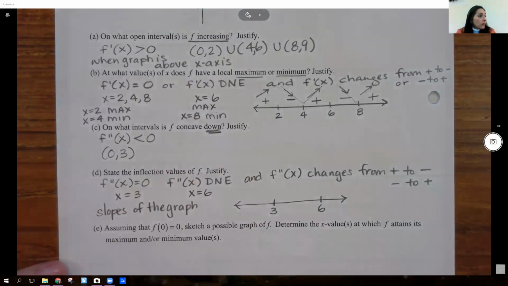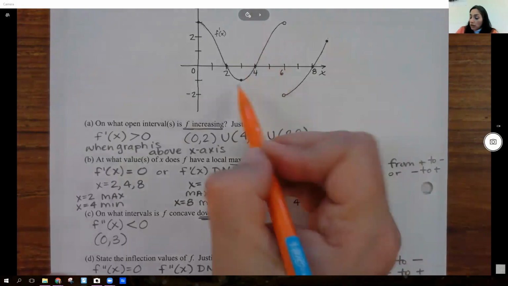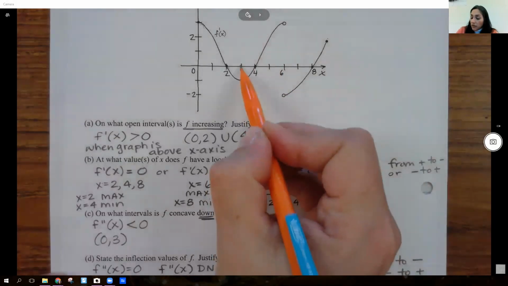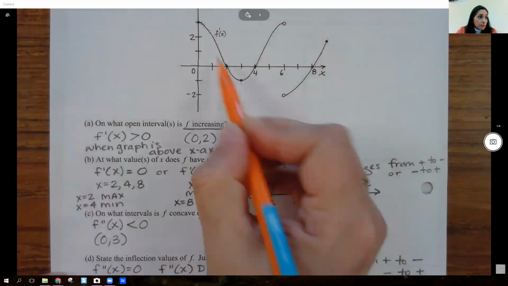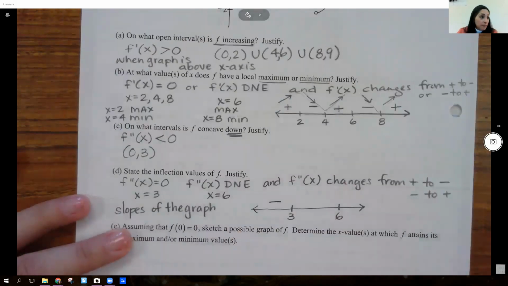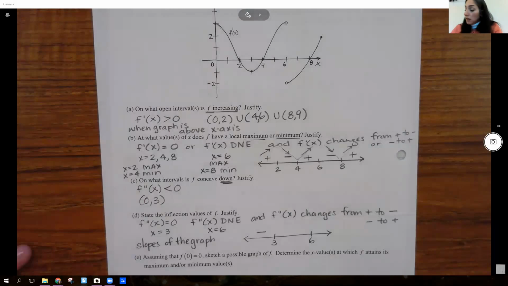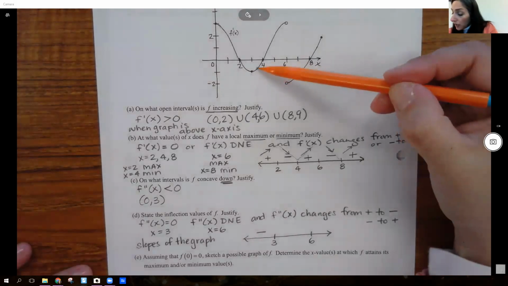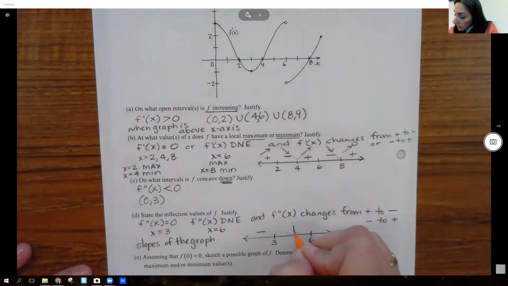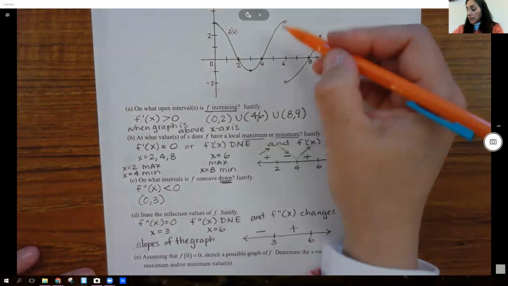Okay, so on the left of 3, your slope is negative. To the right of 3, your slope is positive. And that works all the way up to 6, it's still positive.